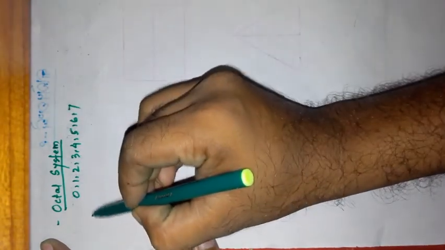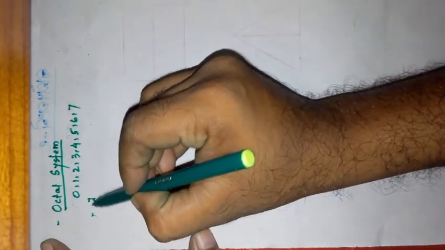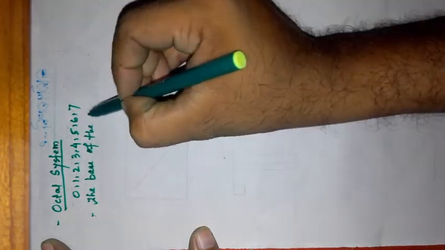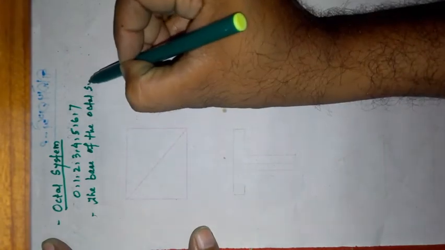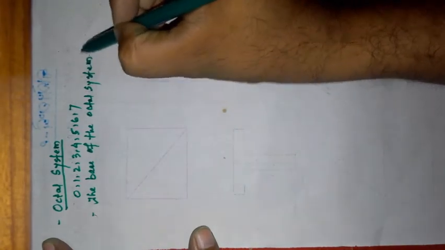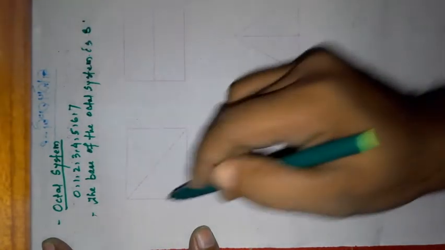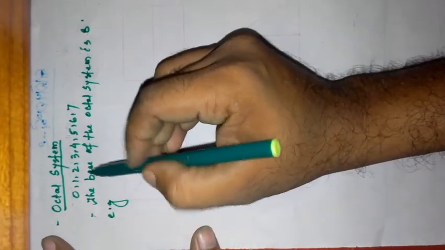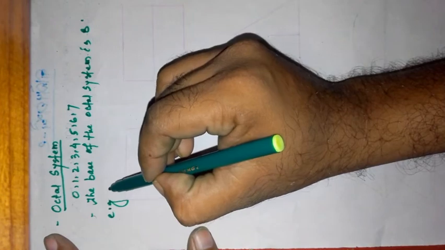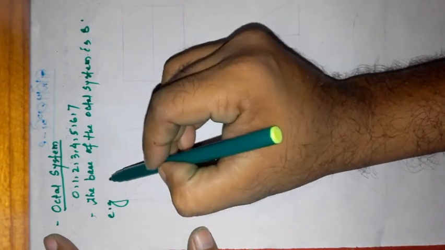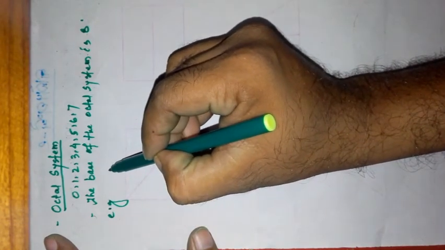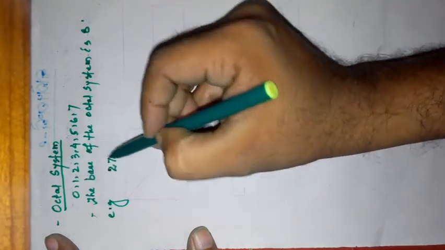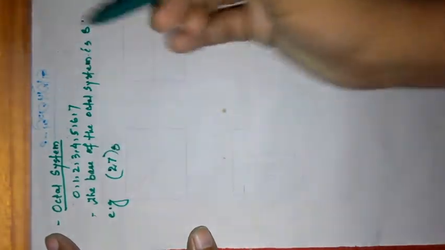So the base of the octal system is 8. Let us take an example. How to write an octal number? Suppose I am writing 27. That is also an octal number, base 8.